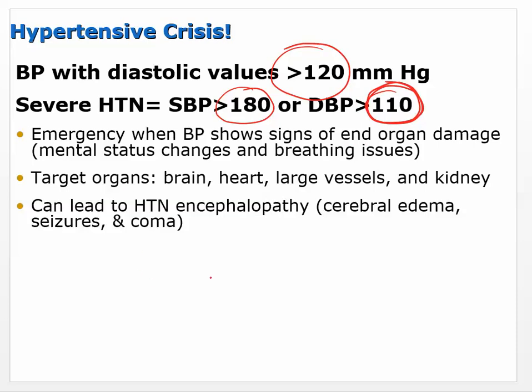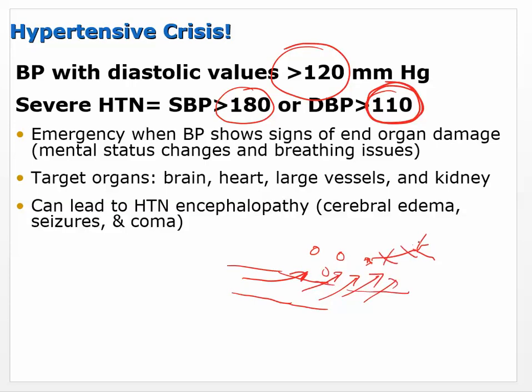If you can sort of imagine blood pressure, and we've already talked about cells, and if we talk about things like neurons that are trying to function in the brain, we can see that an increase in blood pressure is going to increase that hydrostatic pressure, and you're going to have fluid movement. You could have damage to the blood vessels, and that could actually cause a lot of problems.